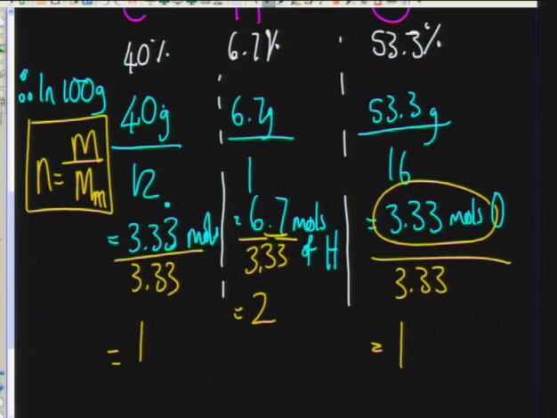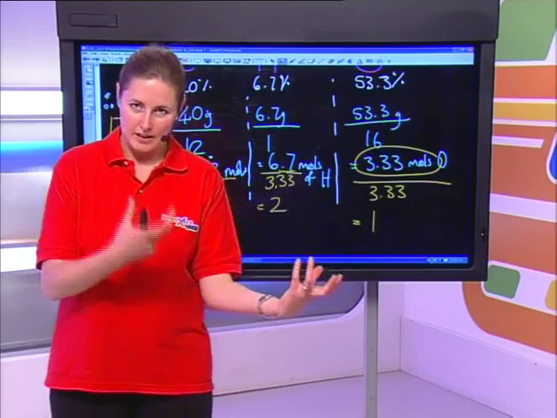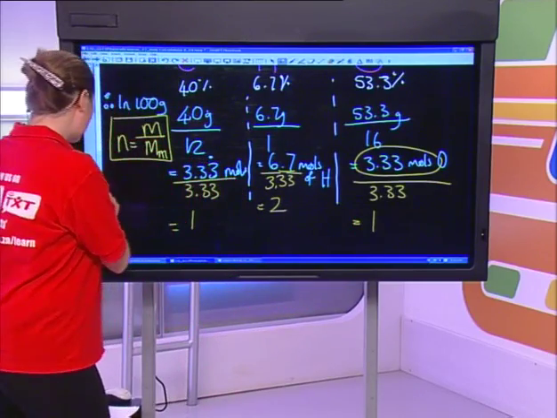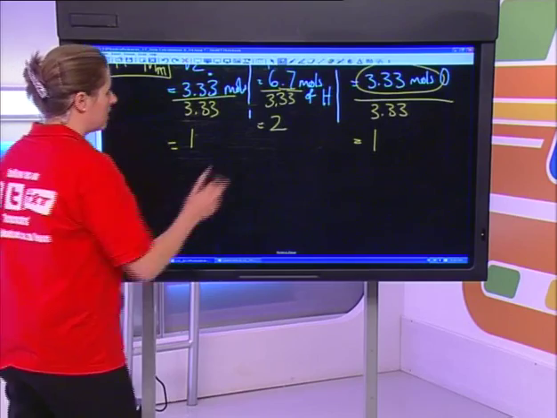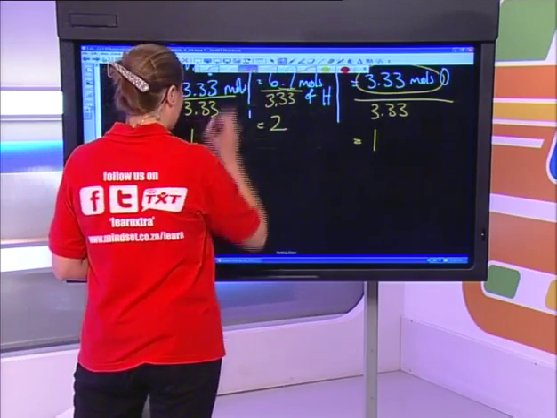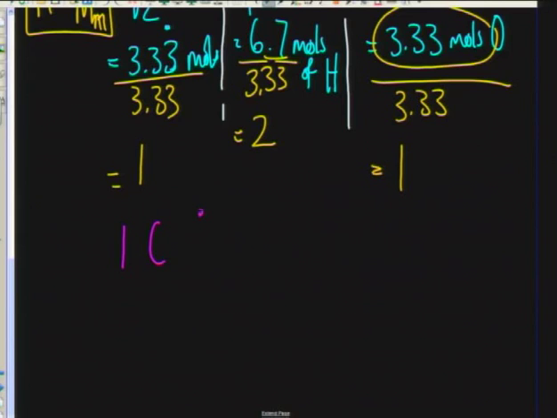Now, what do you notice is that we're working with a ratio here. So what can I say about this ratio? Well, it means that it's 1 carbon is to 2 hydrogens is to 1. The ratio was a 1 is to 2 is to 1 ratio.